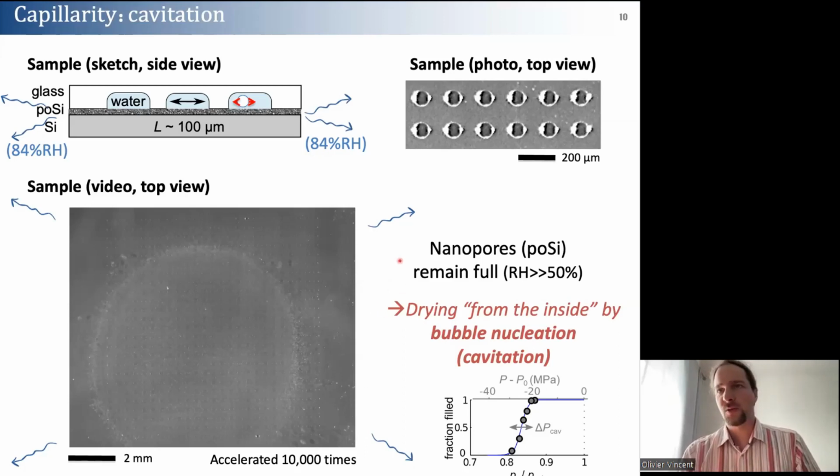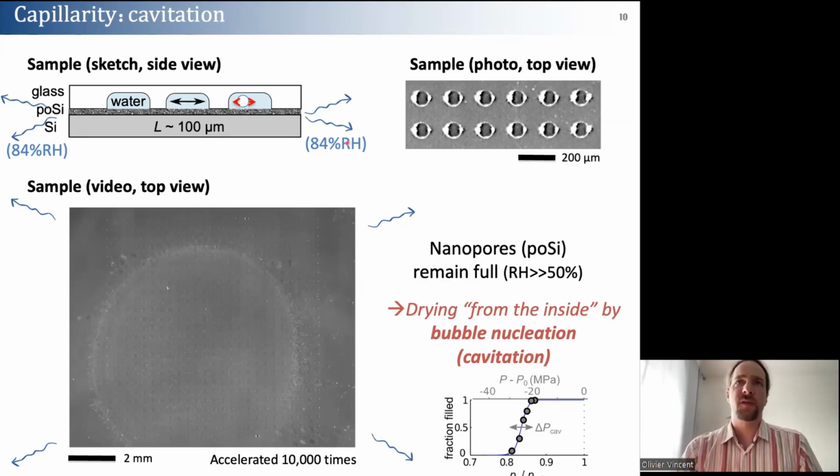And we can also measure that. If you look at sorption isotherms of water in these systems, you can see that the nanoporous layer itself stays completely full, without any drop due to cavitation, as long as the humidity is above 50 to 60%.